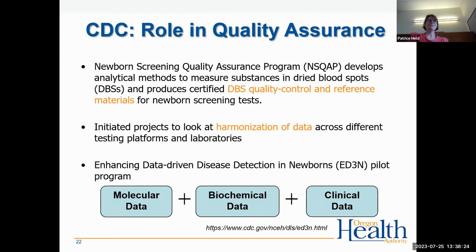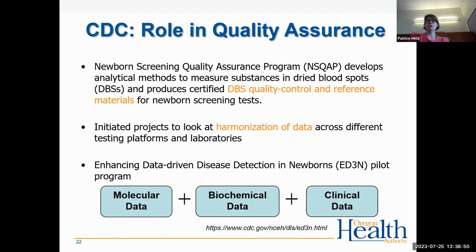So what are some resources that we have to help newborn screening programs? The CDC plays a pivotal role in quality assurance. The CDC has a newborn screening quality assurance program that helps to develop analytical methods to measure different analytes in the dried blood spots. And they share those methods with the state newborn screening laboratories.